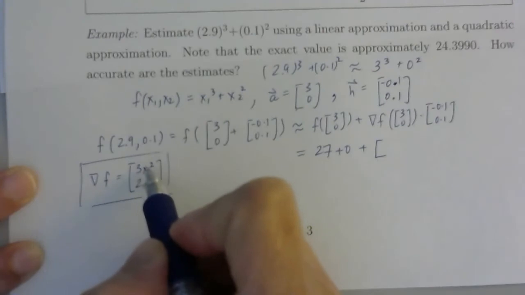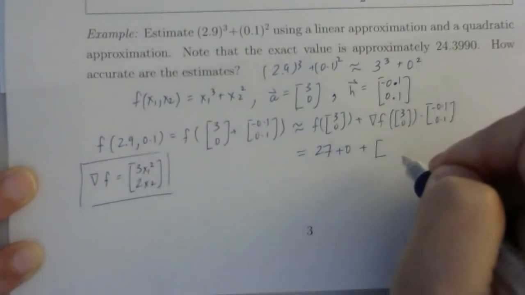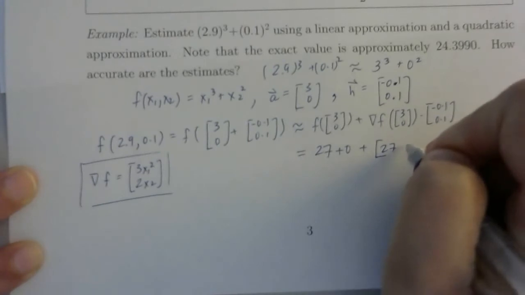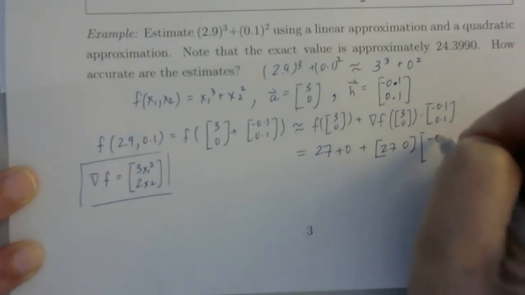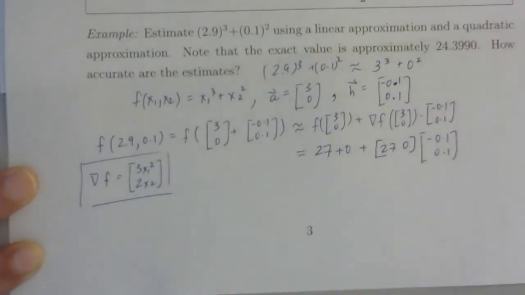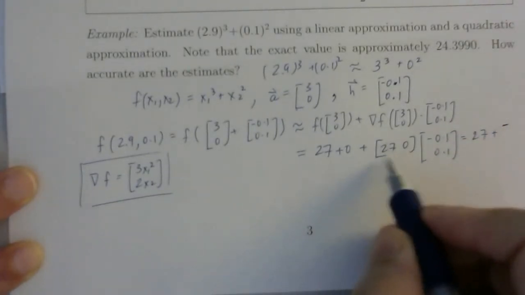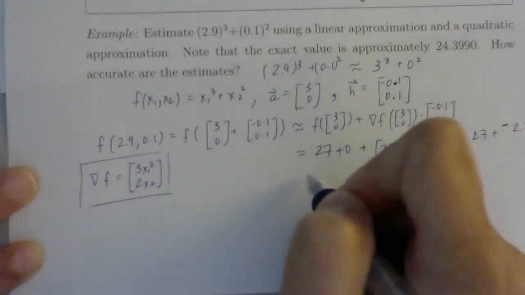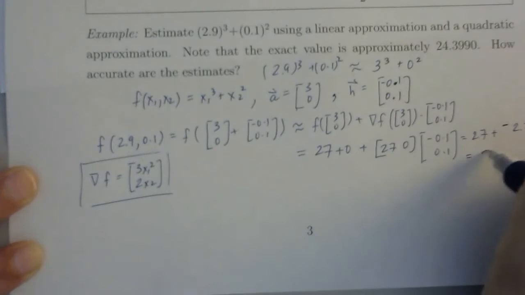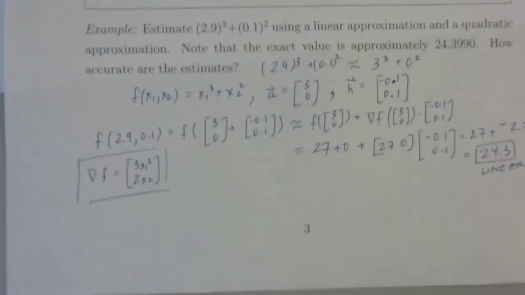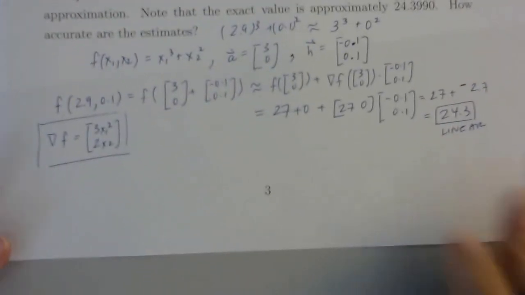That's going to be 3 squared times 3, so 27, and 0 again, right? So 27 and 0 times minus 0.1, 0.1, which is 27 plus negative 2.7, which is 24.3. That's the linear approximation. Make sure you can see that. Okay, so that is the linear approximation.